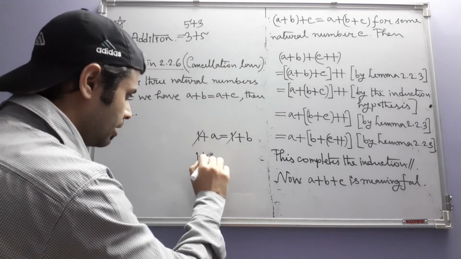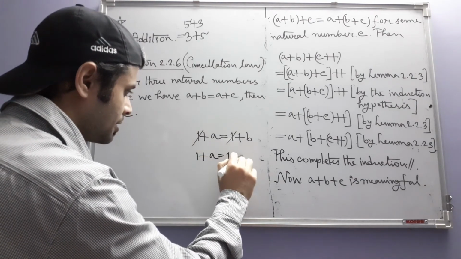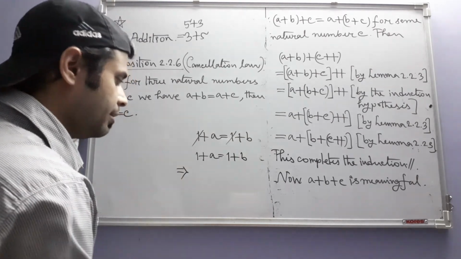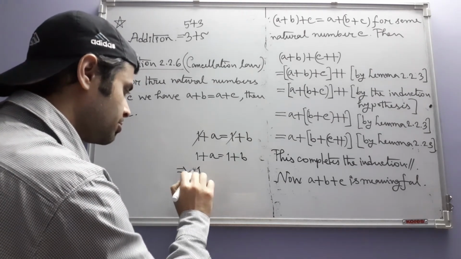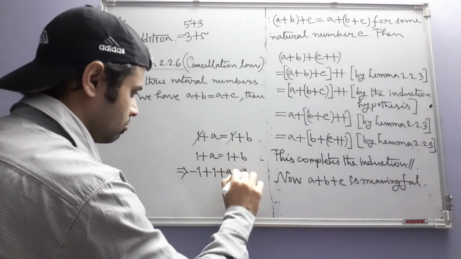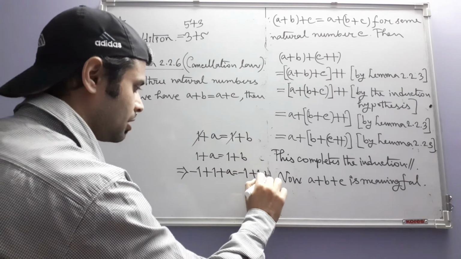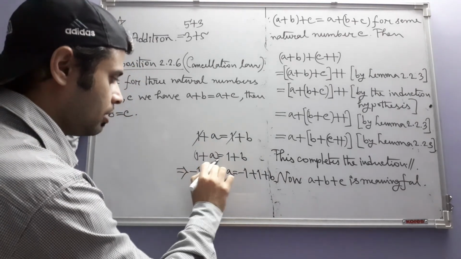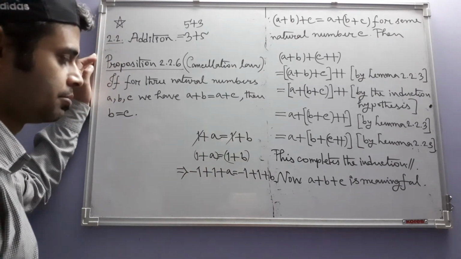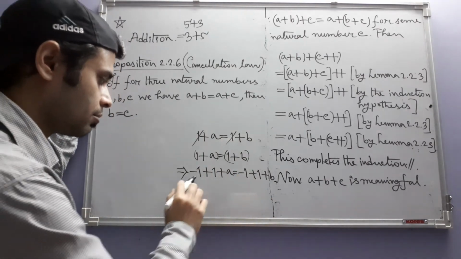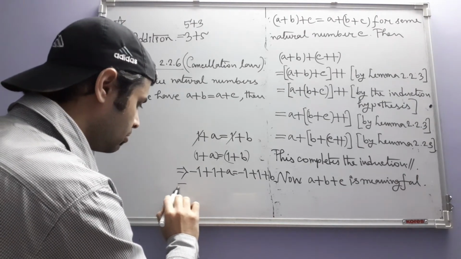Because 1 plus A is equal to 1 plus B, if I add minus 1 to both sides, then the results are going to be the same because the initial numbers were the same. So if I subtract 1 from both sides, that also will give me the same value.